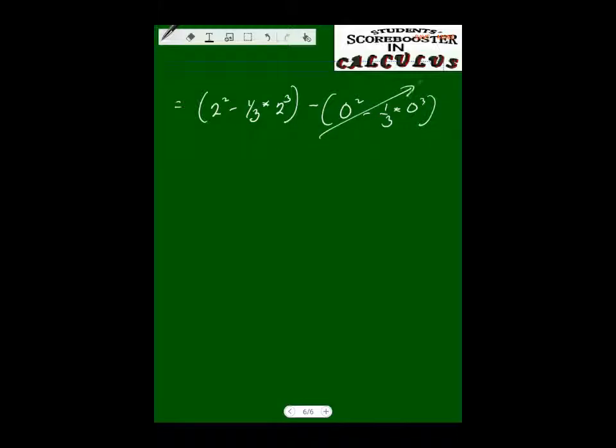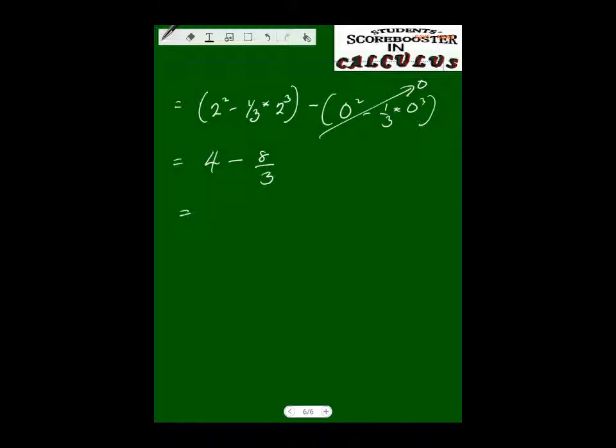So the whole of this is 0. So you only need to deal with this. So this will be 8 over 3. 2 raised to power 3 is 8. So you have this 3, 8 over 3.